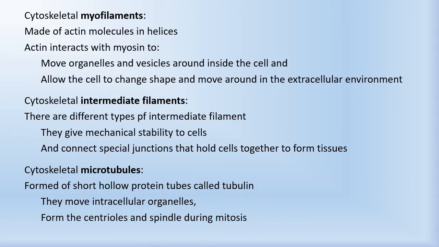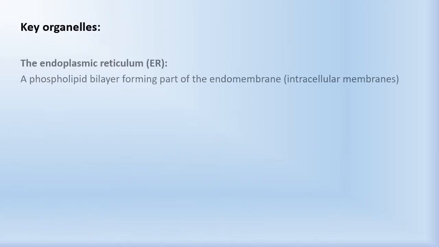In cilia and flagella, the microtubules on one side contract, and this is what causes them to bend and waft extracellular things like mucus in a certain direction. The endoplasmic reticulum is a phospholipid bilayer that forms part of the endomembrane, the intracellular membranes.